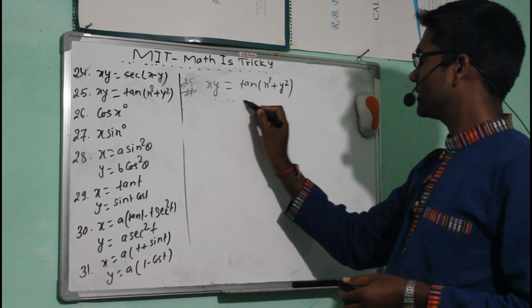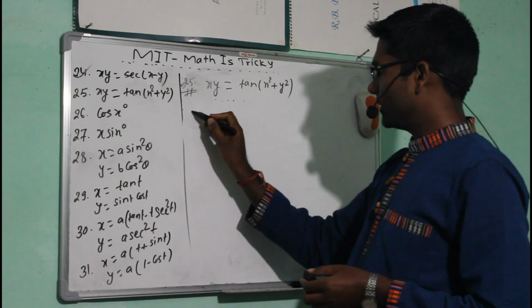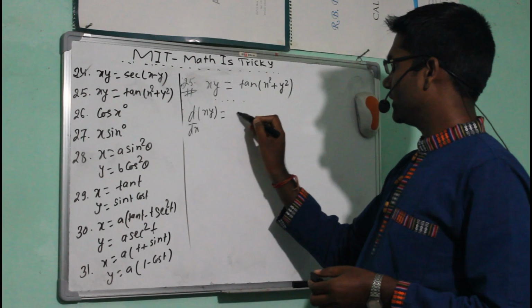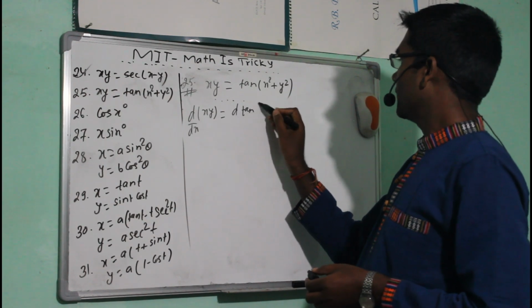Again, as previous, let's differentiate both sides with respect to x. So d(xy)/dx equals d of tan of (x square plus y square) by dx. On the right hand side, let's use the chain rule.